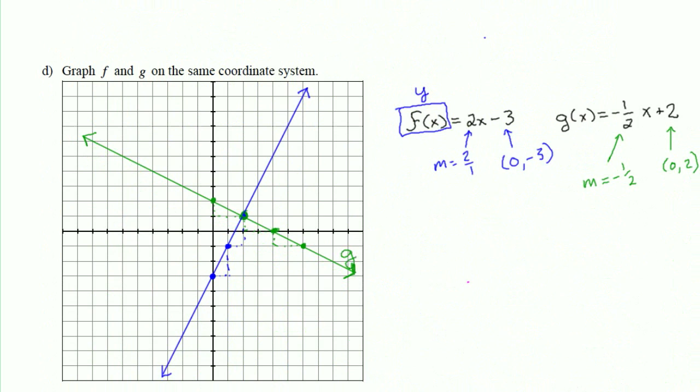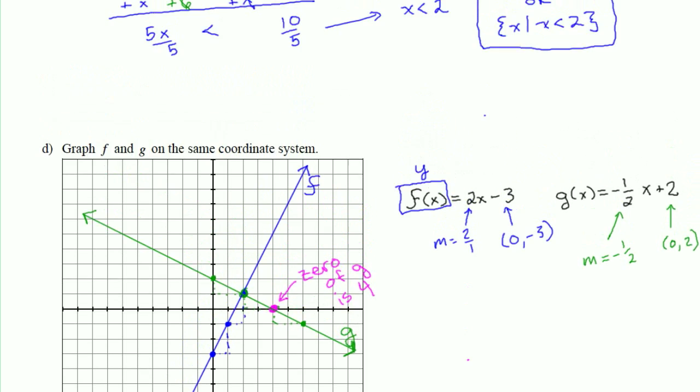I should have labeled these when I drew them. Now looking at the 0 of g that we see from the graph, we can also see that that's the x-intercept, and we know that the x-intercepts are the same as the zeros. Just reinforcing some of the things that we already know.